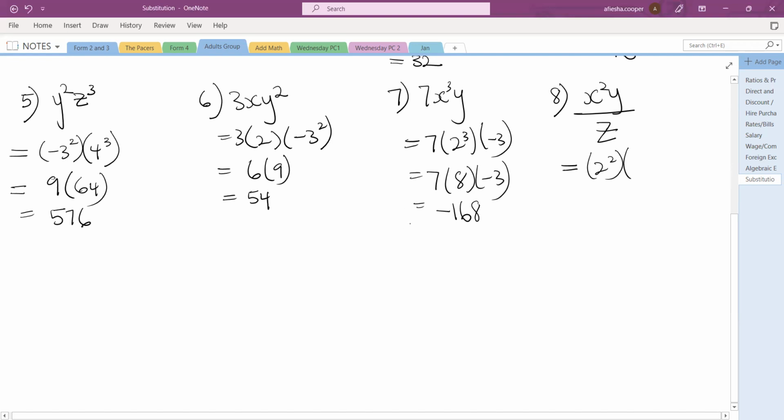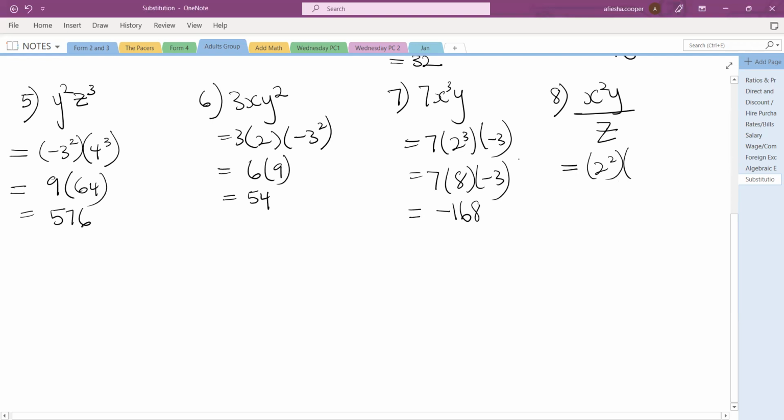I did 7 by 8, which is 56, and then I multiplied by the -3, and then I had the -168. That's fine, but all of them are multiplying together, so you don't need to break down that line.